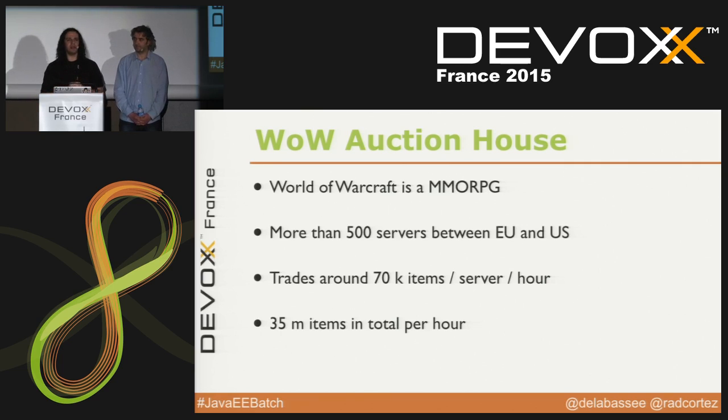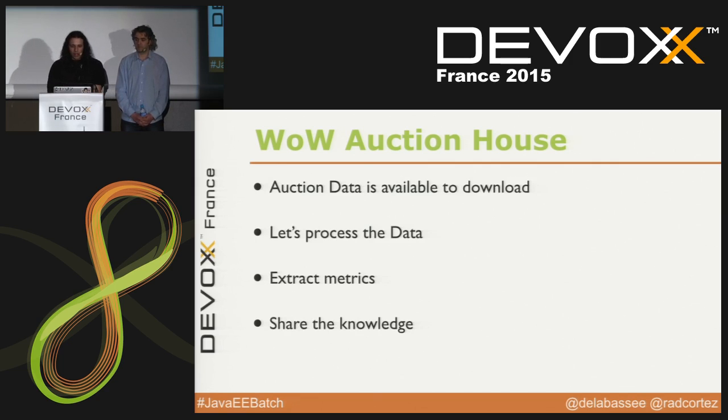The last statistic I got is that all these servers trade around 70K items per server per hour, and that's around 35 million items in total per hour. Another interesting thing is that all this data is actually available for download. If you had no idea, you can actually download this data.